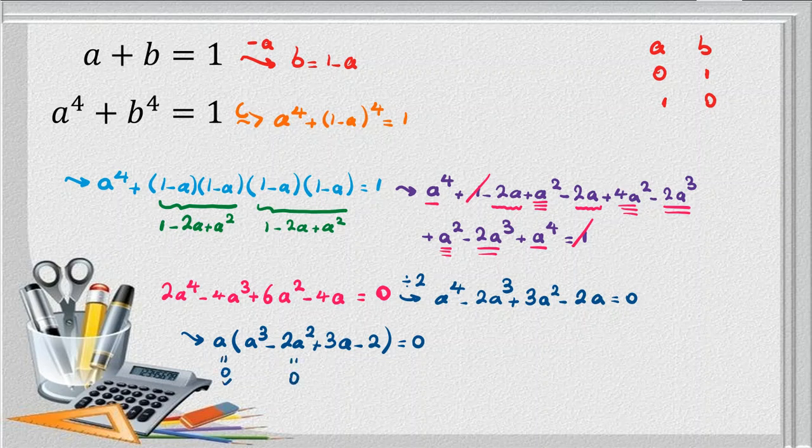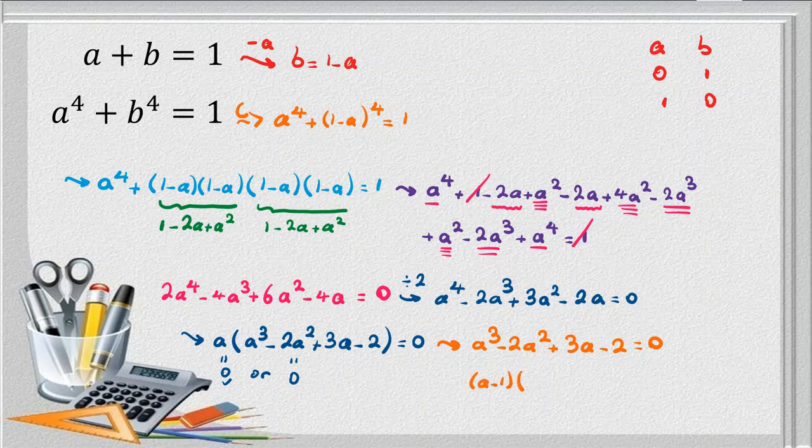Or this part is 0. So, let's check the second part. If the second part is 0, then A cubed minus 2A squared plus 3A minus 2 is 0. In the beginning of the solution, we said A equal to 1 is also one answer, and if you check, we will see A equal to 1 satisfies this equation.